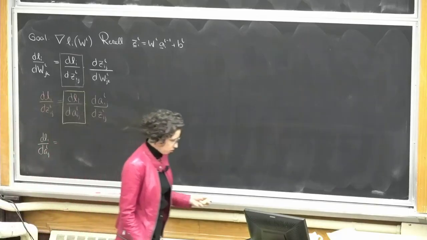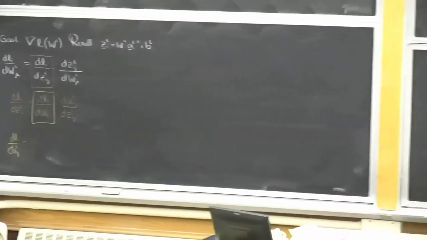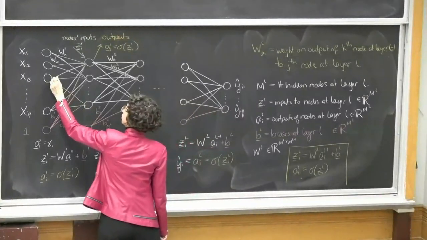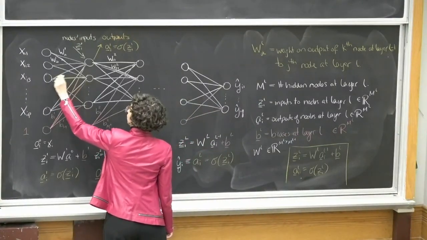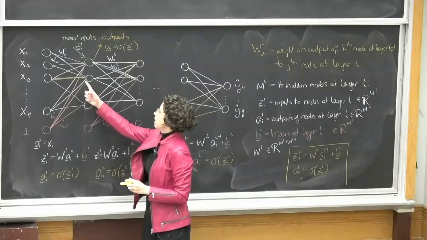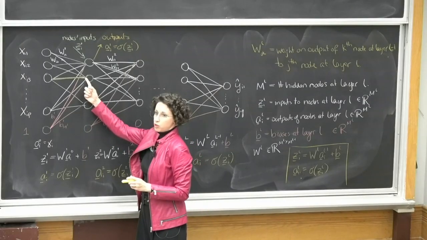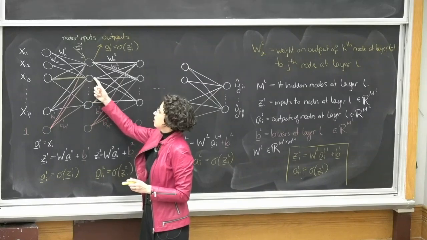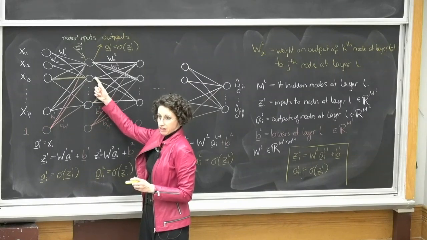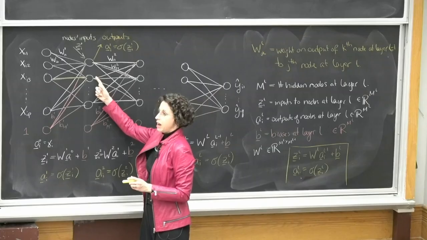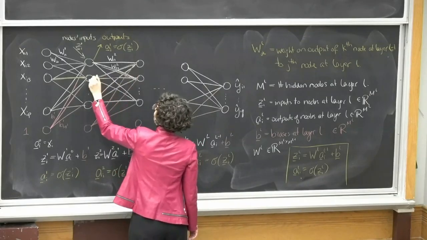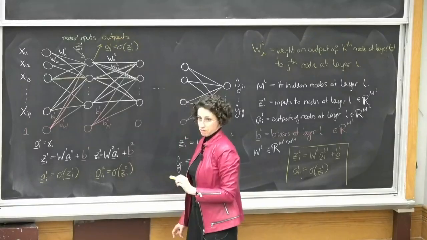So if we go back over to our drawing over here, if we think about what happens, for instance, as we vary this weight. As we vary that weight, it impacts the corresponding z, obviously the input to this node. It impacts the component of a that's output to this node. And as that varies, that's going to vary the inputs to all the nodes in the next layer.